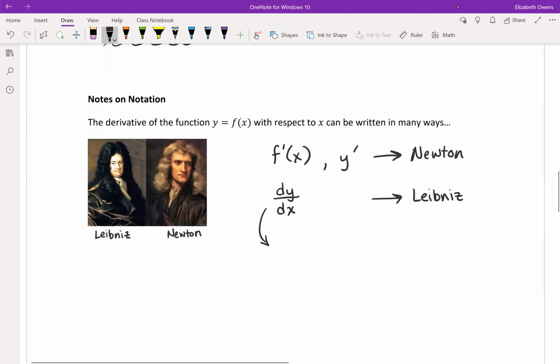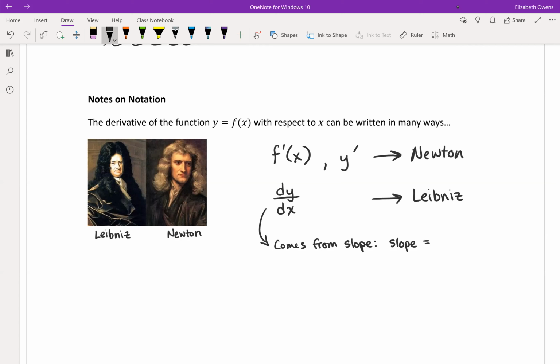So this comes from the idea of slope, where slope, as we're used to it, would be a change in y over a change in x.